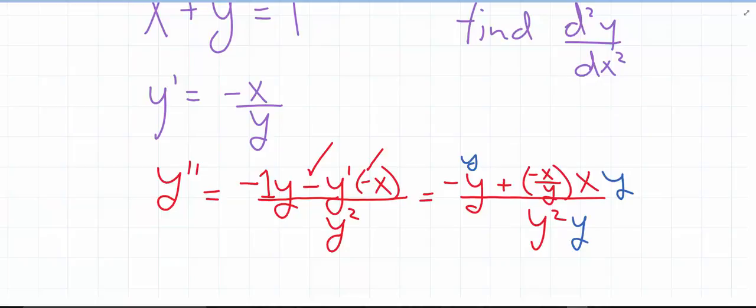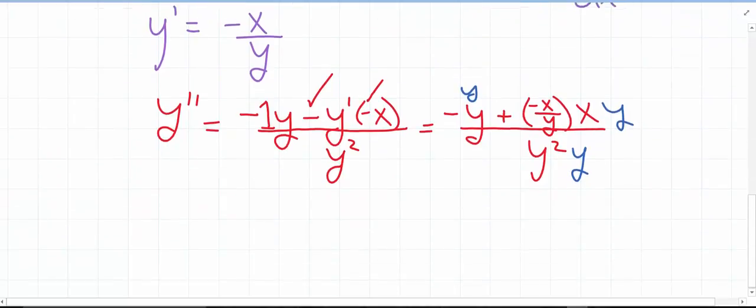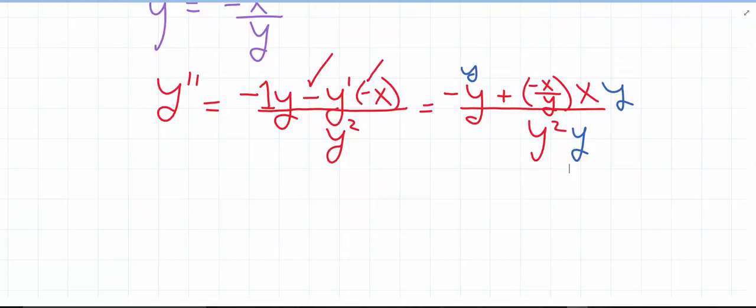And then I distribute the y. So dig what happens now. Up top, I've got -y squared. Now this cancels. Minus x squared over y cubed. Okay, everybody see that?